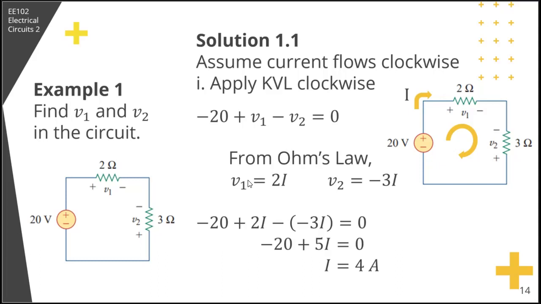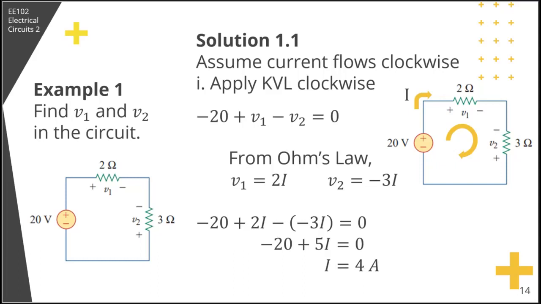So from Ohm's law, V1 is equal to 2I and V2 is equal to negative 3I. Substituting, negative 20 plus 2I minus negative 3I equals 0, so negative 20 plus 5I equals 0, and I is equal to 4 amperes.